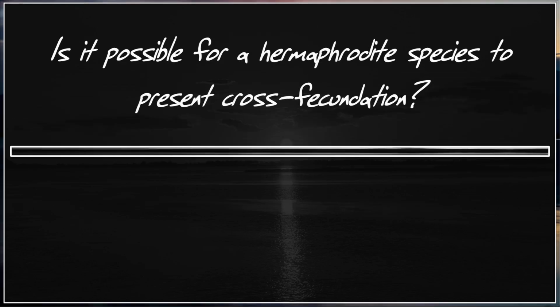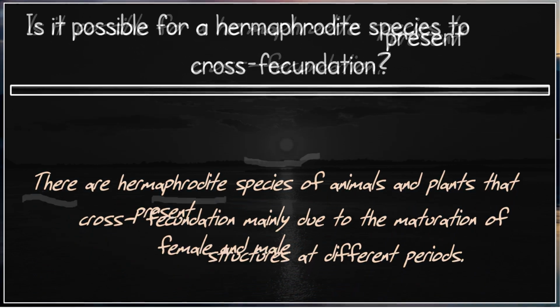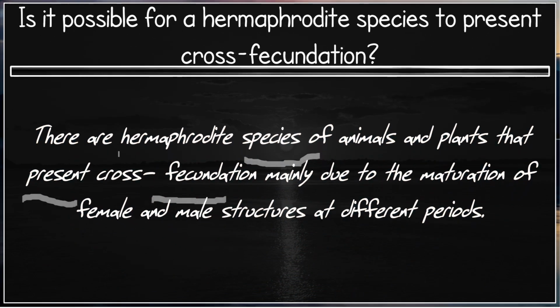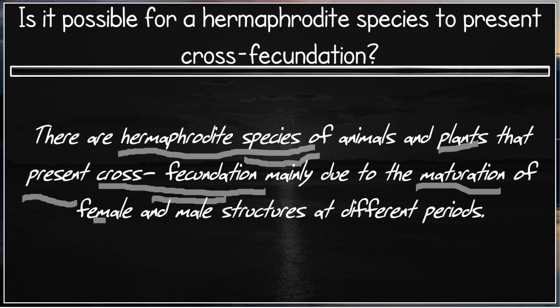Is it possible for a hermaphrodite species to present cross-fertilization or fecundation? There are hermaphrodite species of animals and plants that present cross-fecundation, mainly due to maturation of the female and the male structures at different periods.